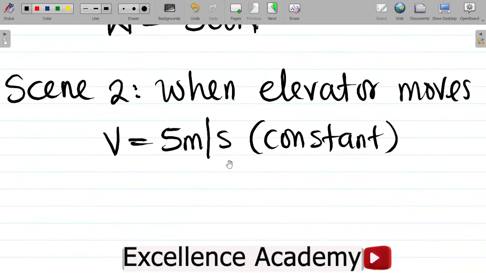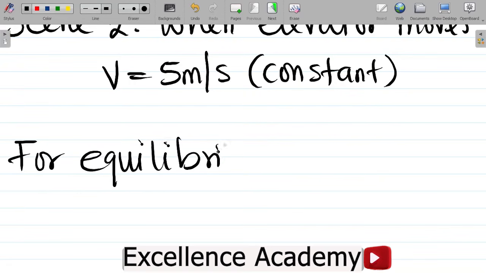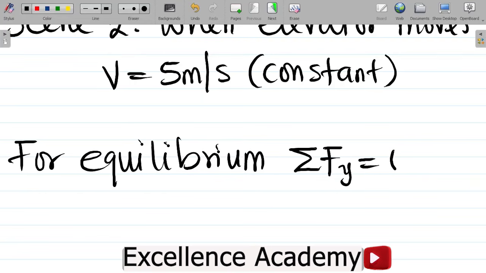And for the person to be in equilibrium, the summation of the forces acting on the person, in this case the vertical component, should be equal to 0.